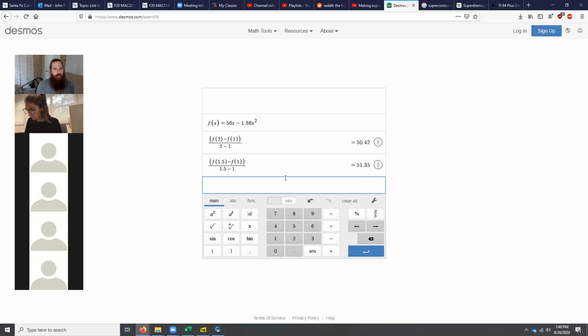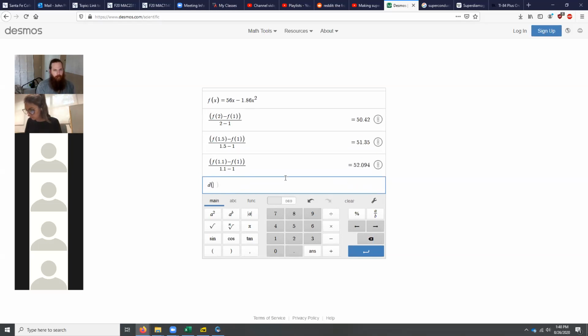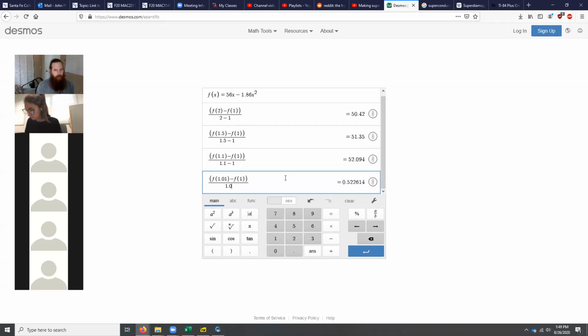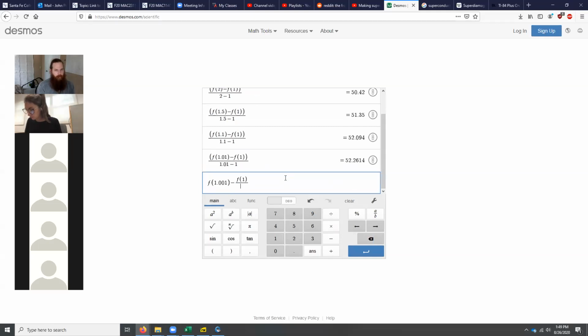Right. You could continue doing this. f of 1.1 minus f of 1, parentheses, divide by 1.1 minus 1. f of 1.01 minus f of 1 over 1.01 minus 1. f of 1.001, this is our last guy, minus f of 1 divided by 1.001 minus 1.